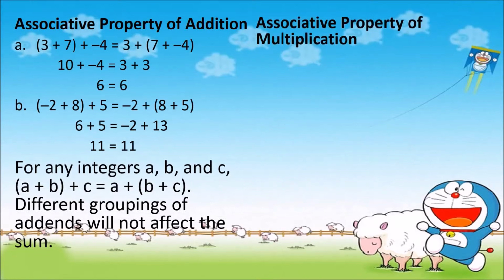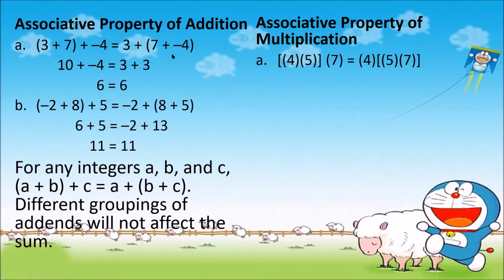Now, in associative property of multiplication, example, open bracket, 4 times 5, close bracket, times 7 is equal to 4 times open bracket, 5 times 7, close bracket.